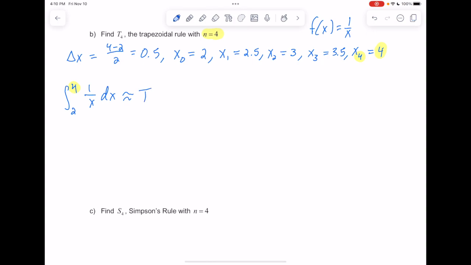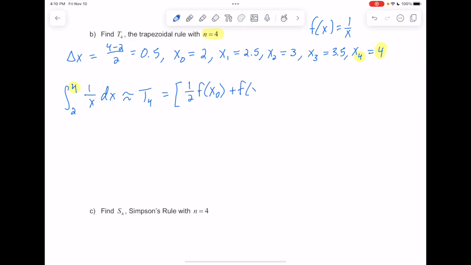So this time we're going to approximate this definite integral using T4 instead of M4. How is that different? It's almost the same, but we're not using midpoints. We're going from the left endpoint to the right-hand endpoint, and we're only doing 1/2 times f of the left-hand endpoint.